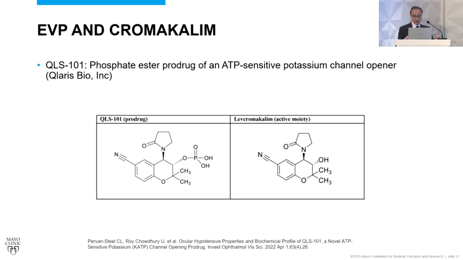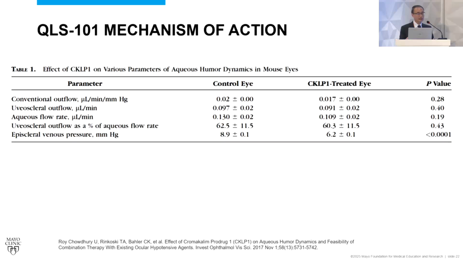There's a new drug being developed by QLaris Bio. It's based on an ATP-sensitive potassium channel opener called levcromakalim. What's really interesting about this drug is that it lowers IOP, but it doesn't affect outflow facility, uveoscleral flow rate, or aqueous humor production.